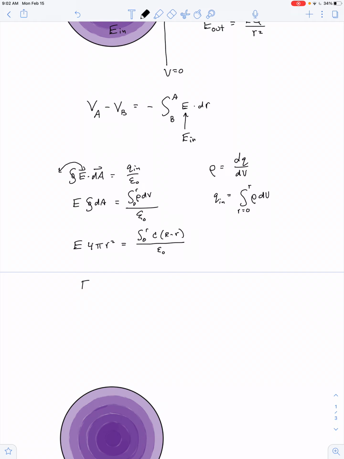Okay, so E is equal to 1 over 4 pi epsilon naught, 1 over r squared. I'm just moving 4 pi and r squared to the other side of the equation, cross multiplying.